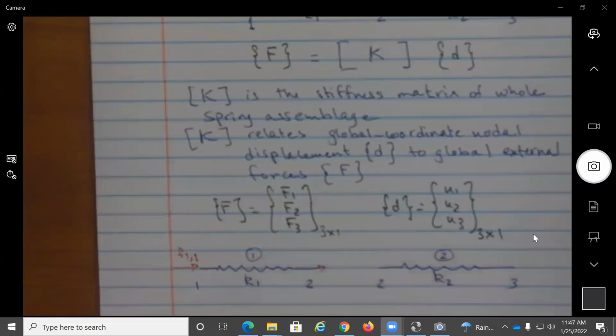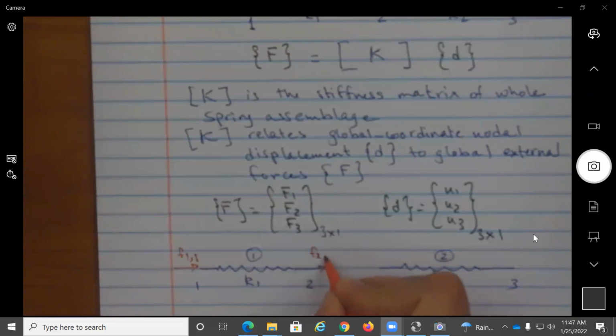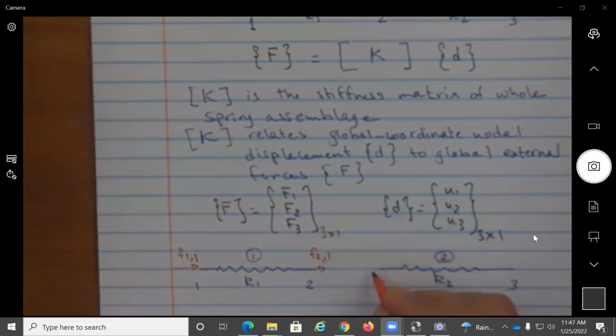Because now at node 2, I have an F2 to element 1, while the second element also gets a force F2 applied to element 2. So you see why we have the second subscript to differentiate between these two nodal element forces. And keep in mind, I'm using lowercase f.